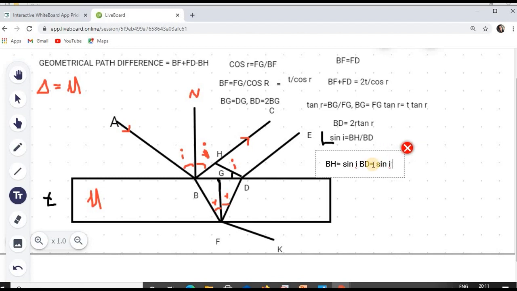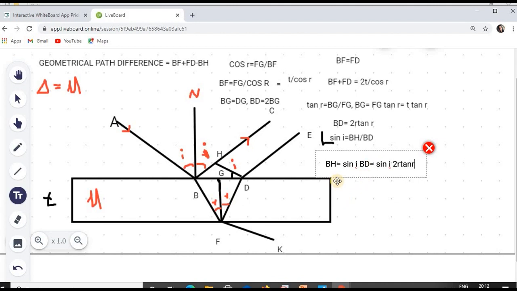From that I can obtain BH. You already have written what BH is, right? It is 2r tan r into sin I.